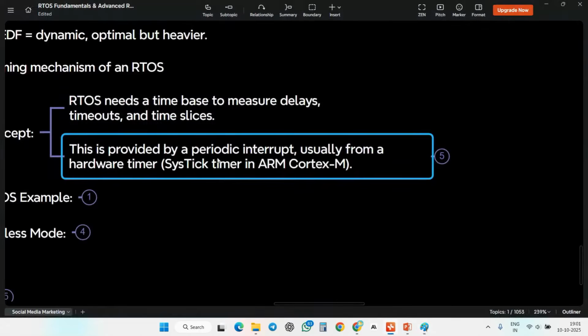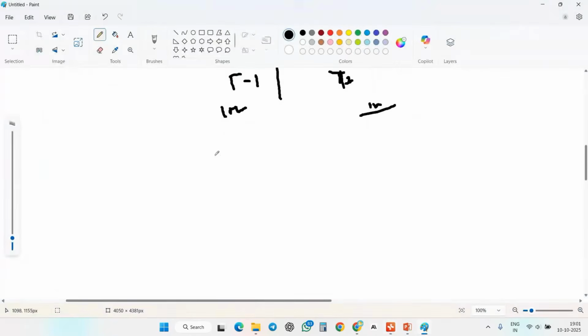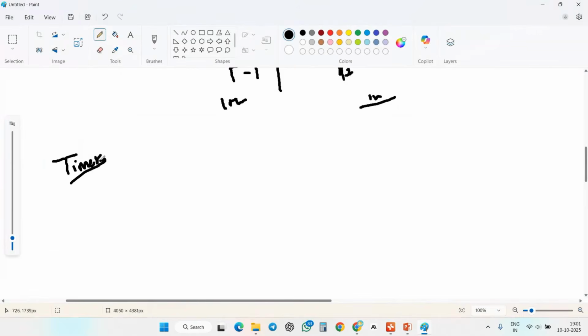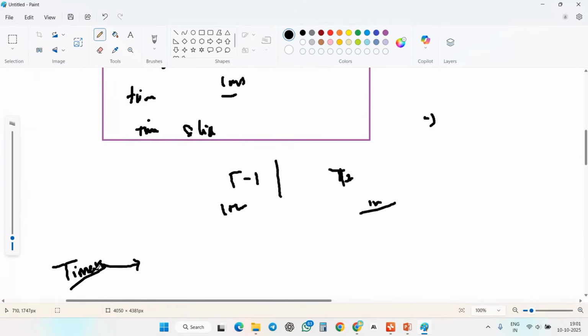So this provides a periodic interrupt. Usually the hardware timer is SysTick in the ARM Cortex. Normally, every microcontroller has a timer, guys, and we know the purpose of a timer: just counting time and creating delays. So here also we need the timer.